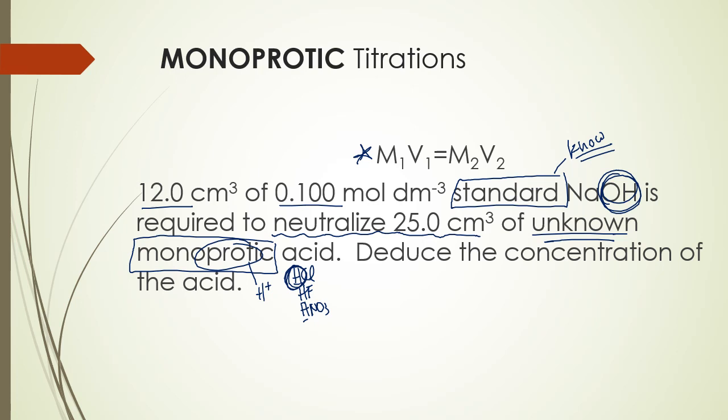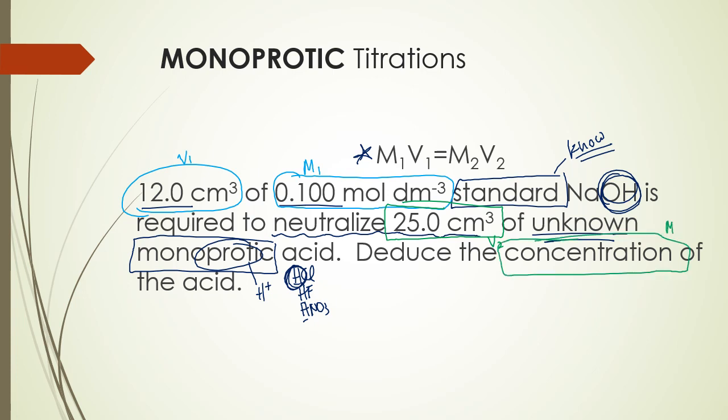Here's our V1, the volume of the base. M1 is the molarity of the base, and then our V2 will be the volume of the acid, and M2 is the concentration of that unknown acid, what we're going to solve for.